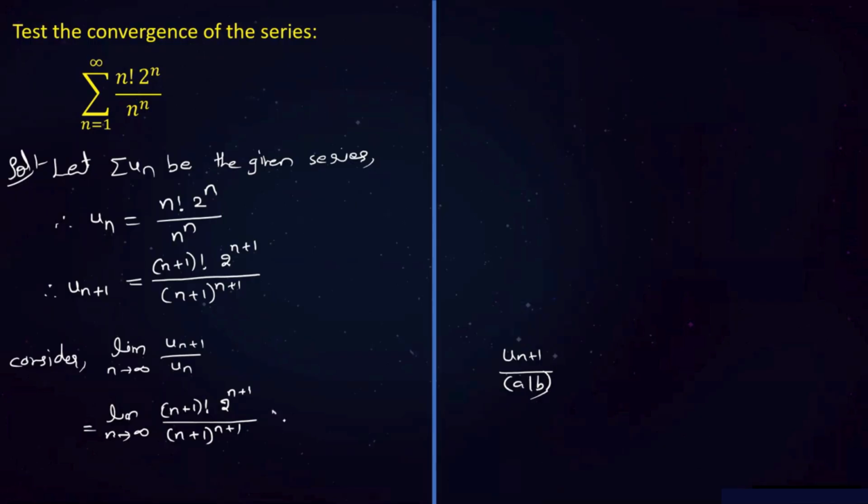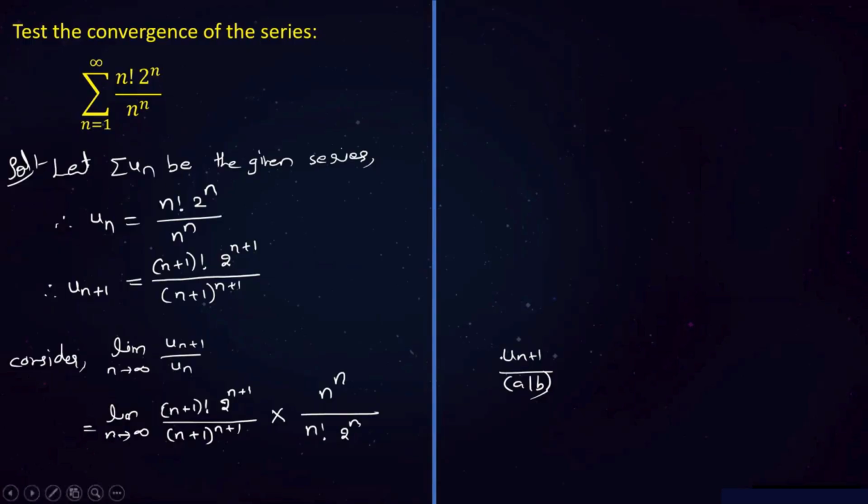So instead of writing un in the denominator, I'm writing the denominator of un in the numerator and the numerator of un in the denominator here. It is n factorial divided by 2 to the power of n. When we write it like this, we can cancel some of the terms very easily. That's the only idea, nothing else.